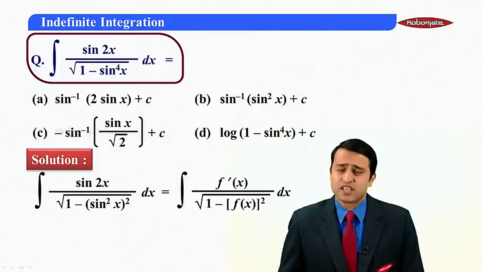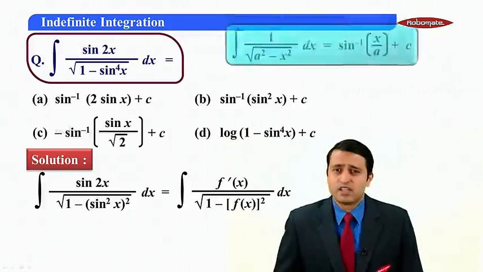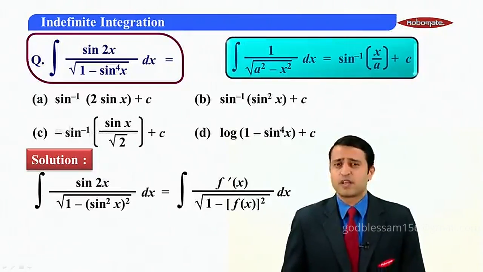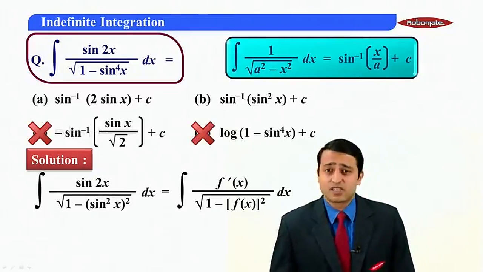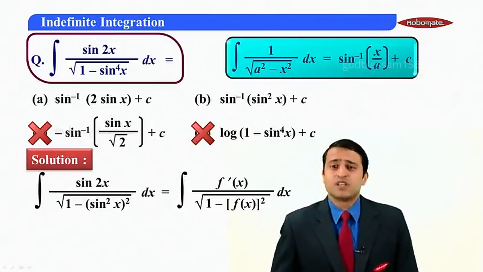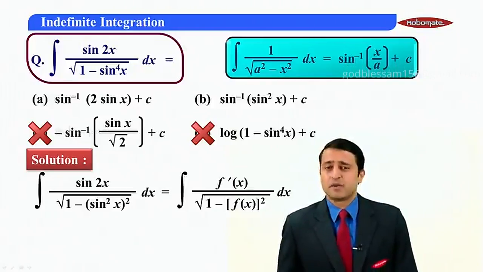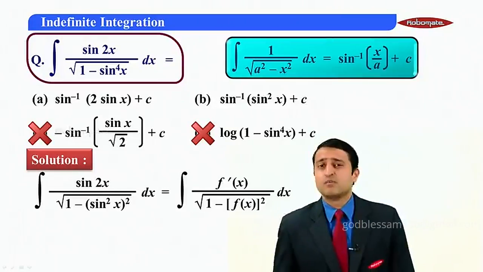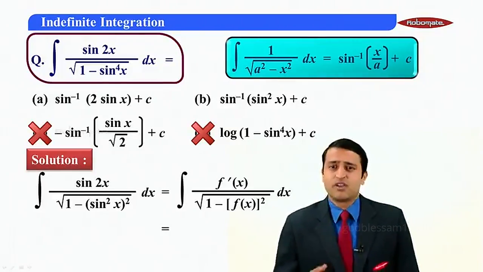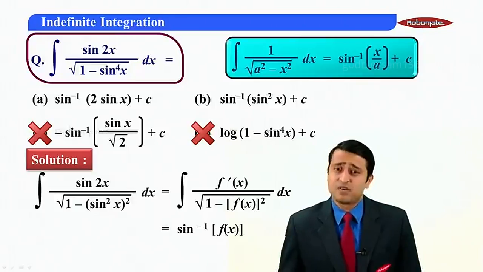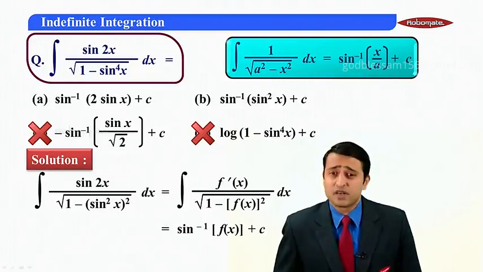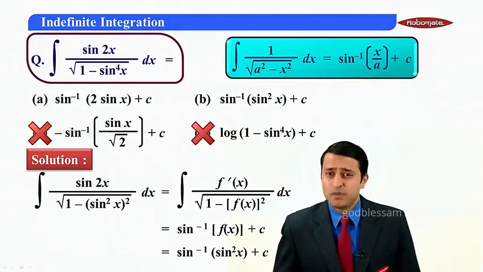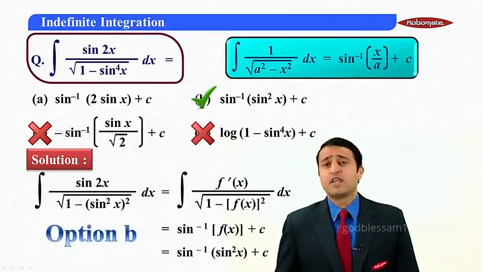Now, if it is this case, there is a formula 1 upon root of a square minus x square, which is sine inverse. So, answer has to be in sine inverse. Option C and D cannot be the answer because one of them has log and the other has minus of sine inverse. Both are not possible. Now, if I proceed further, this will become sine inverse of f of x, which is nothing but sine inverse of sine square x, and that is nothing but option B. So, the correct answer will be option B.